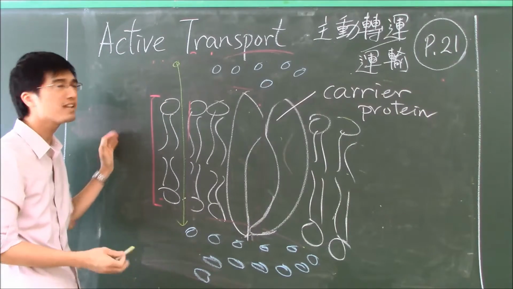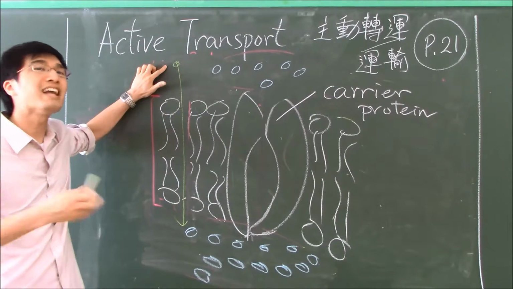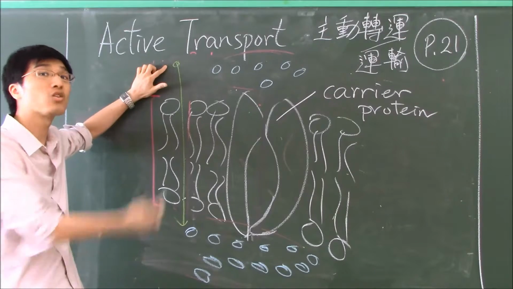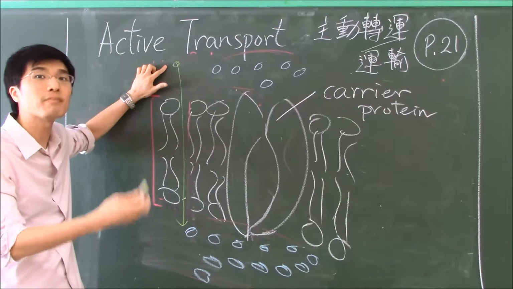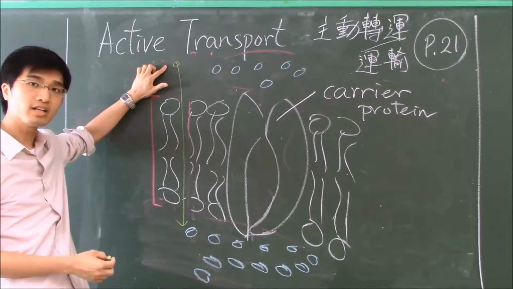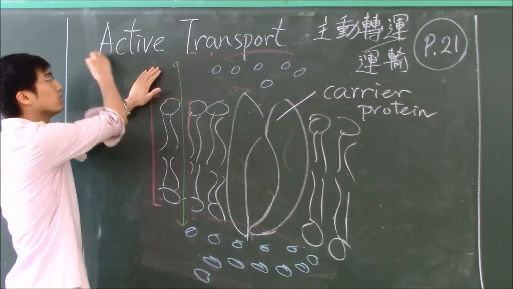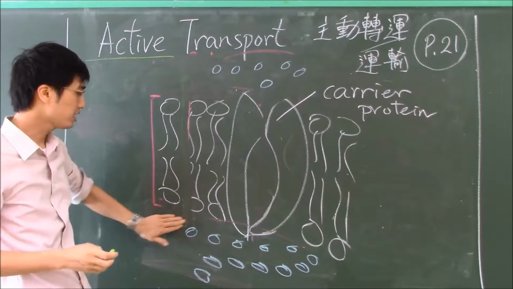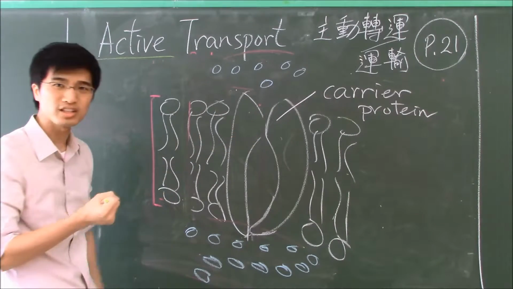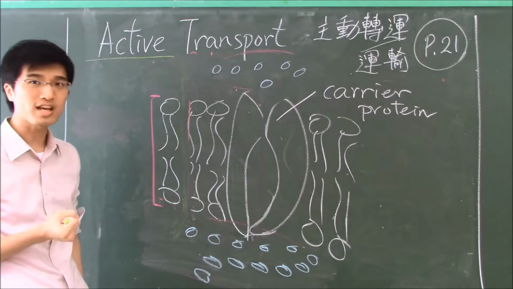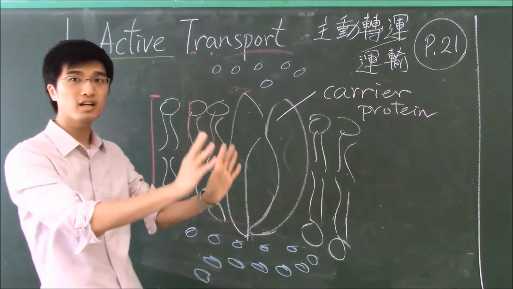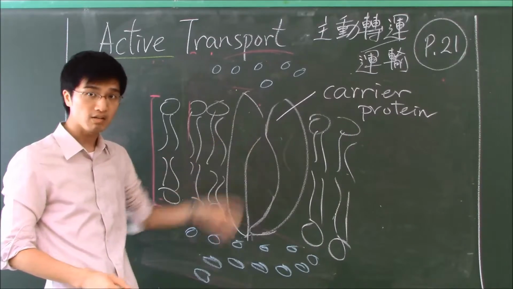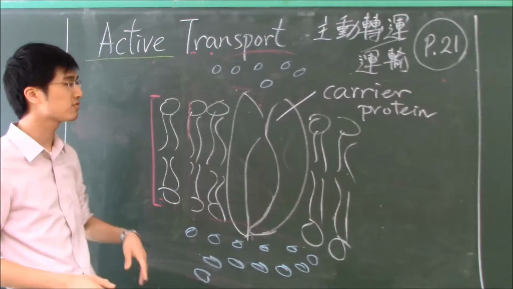If we just let it go into the cell or go out of the cell, it's totally a passive process. In this case we are going to be active, which means we need something to catch it into the cell, or to remove it out of the cell. So that's why we need the carrier protein in our cell membrane to do the active transport.